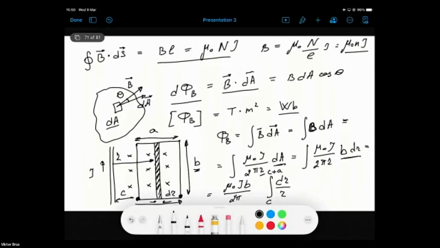the furthest point until which we need to integrate. So let me rewrite this integral on the next slide, so we have some space.